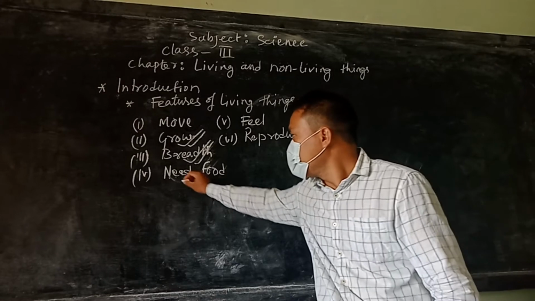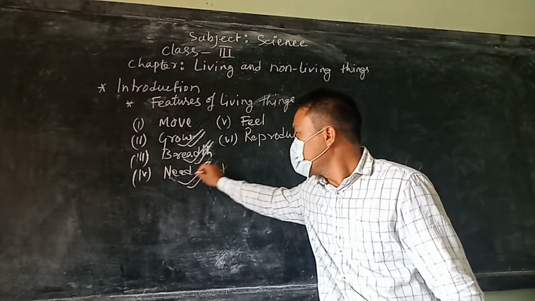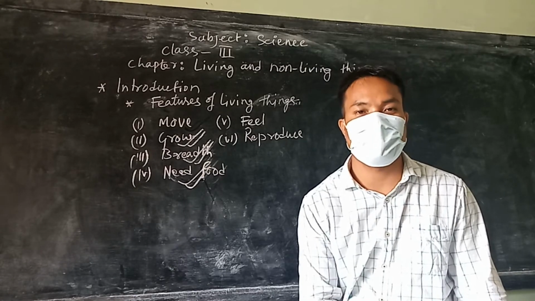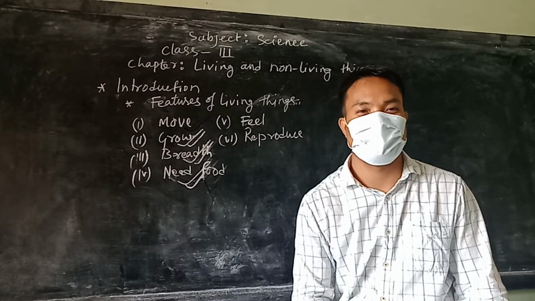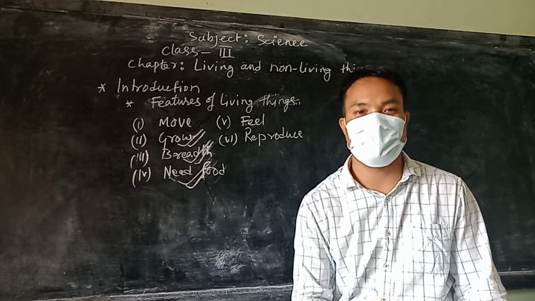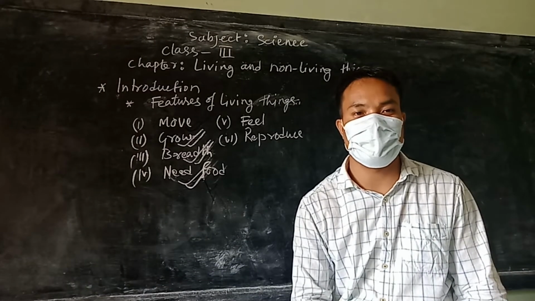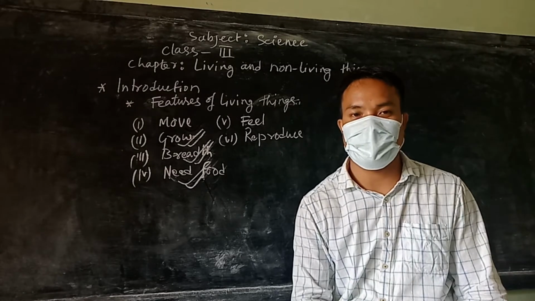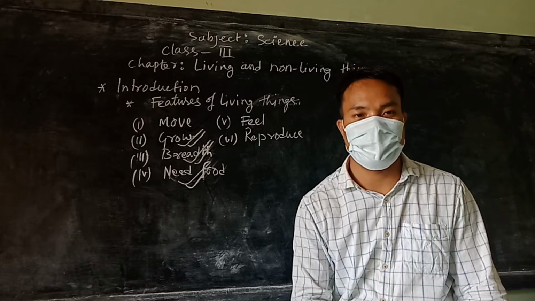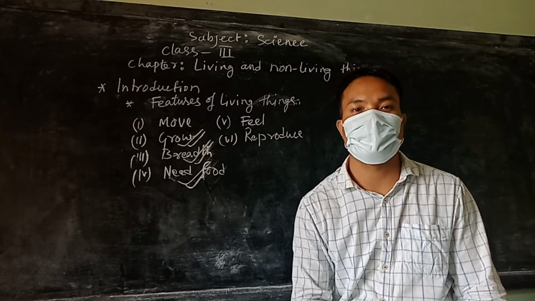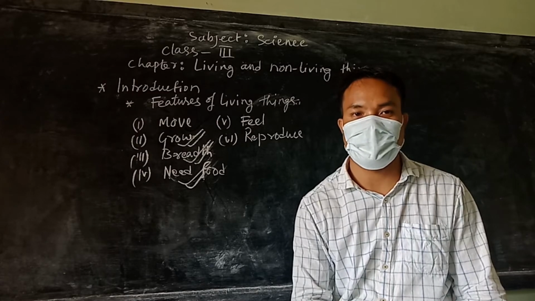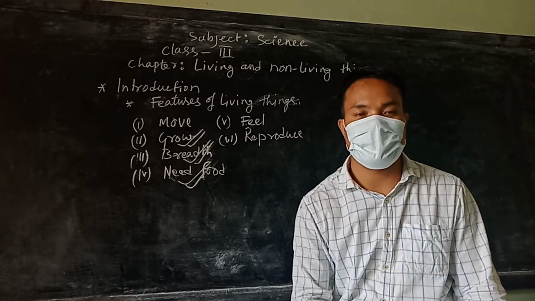Now next, living things need food. Many different types of animals need food for energy. There are different types of animals and plants. They all need food. Some animals depend on plants. Some animals depend on flesh. And flesh means the meat of other animals, right?